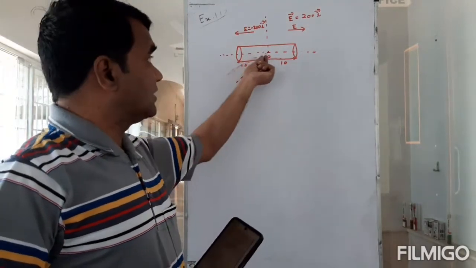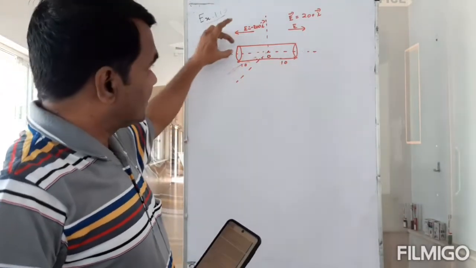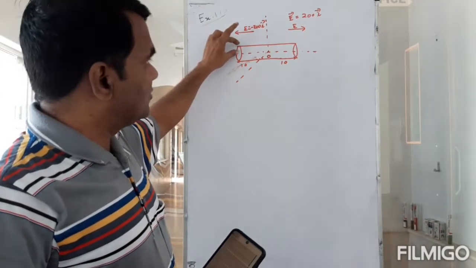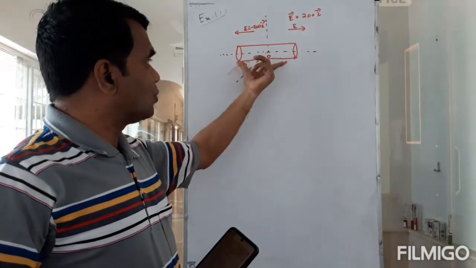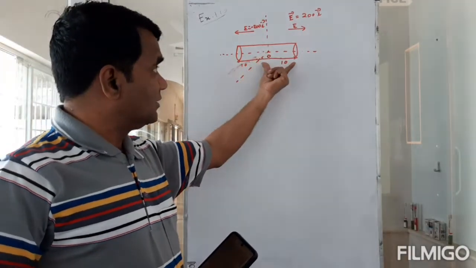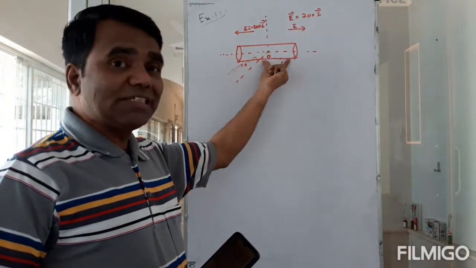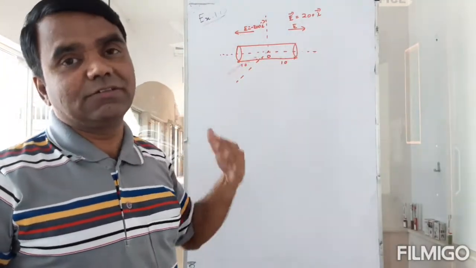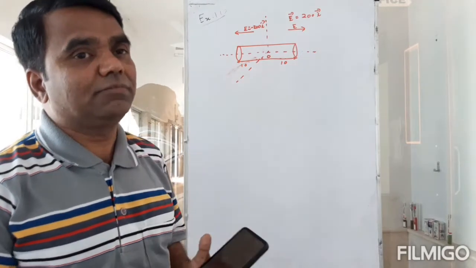The center of the cylinder is the origin, and the cylinder has a radius of 5 centimeters, and the total length of the cylinder is 20 centimeters. But since it is centered at the origin, this side is going to be 10, and this side is going to be 10 centimeters in length.